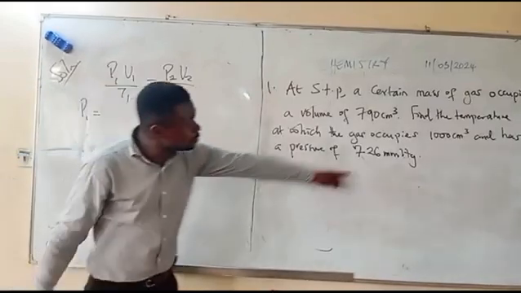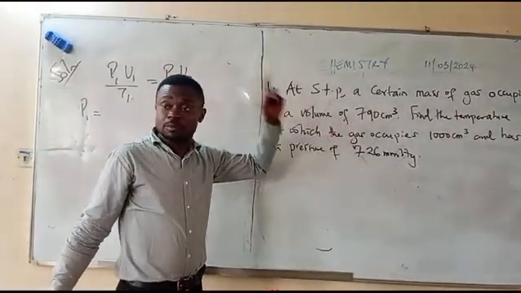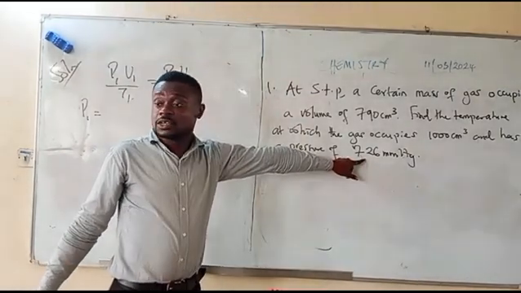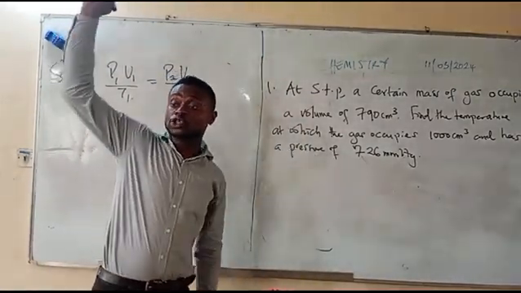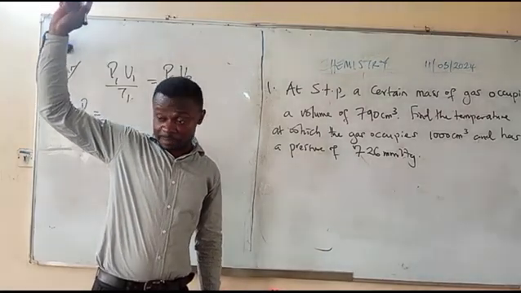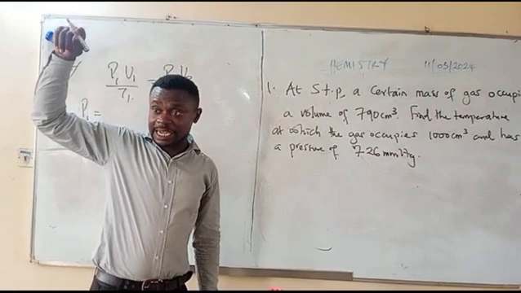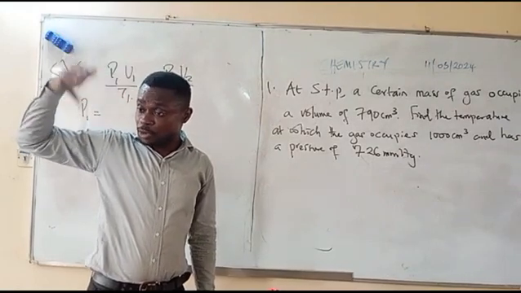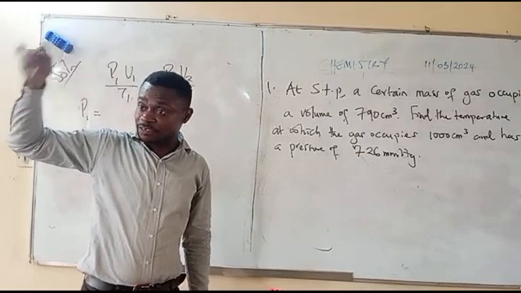Because this one is in millimeter of mercury, you can leave it in millimeter of mercury. But if this one was in Newton per meter square, you will use 1.01 times 10⁵ Newton per meter square. Remember that the standard pressure in Newton per meter square is 1.01 times 10⁵ Newton per meter square.